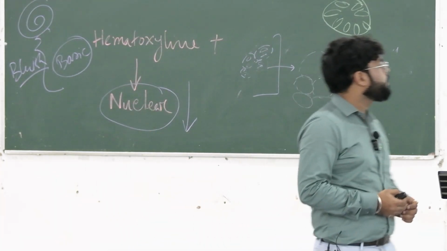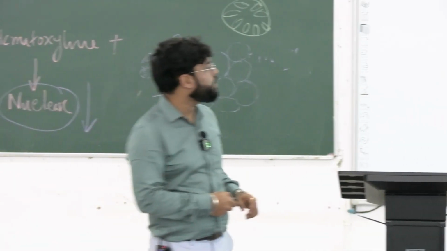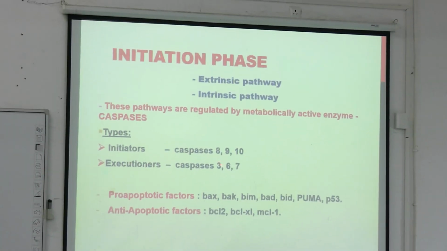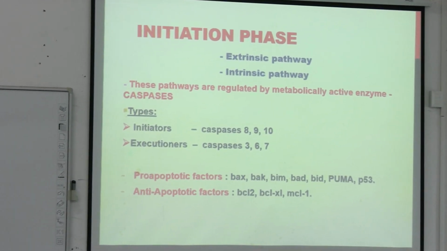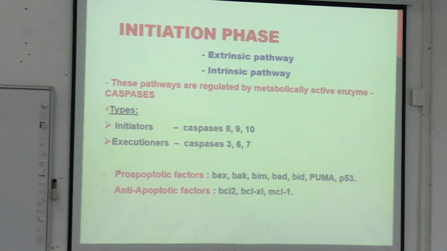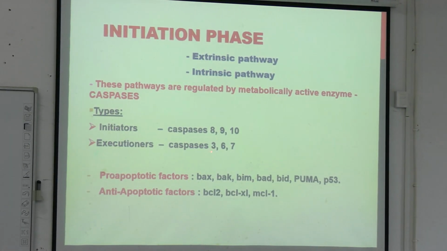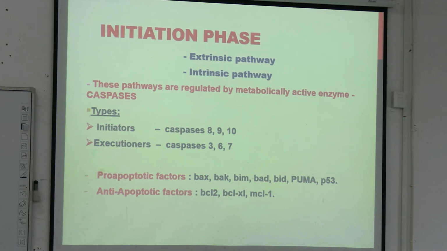Extrinsic pathway, in case of initiation phase, is mainly caused by caspase 8 or 9, and execution is mainly caused by caspase 3 and 6.